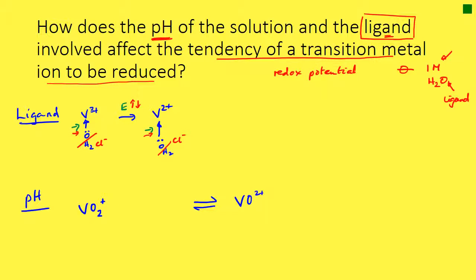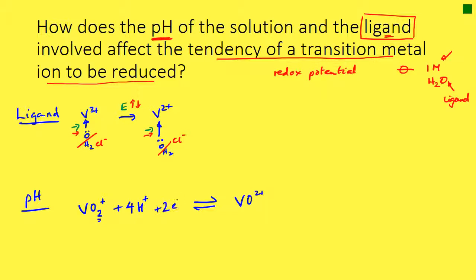And what helps that reaction is the presence of 4 hydrogen ions, because basically we've got to rip off one of these oxygens from the vanadate ion and give it somewhere to go, and we facilitate that by adding acidified solution, i.e. hydrogen ions.